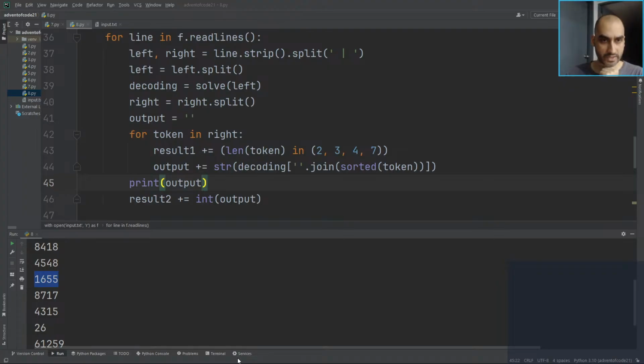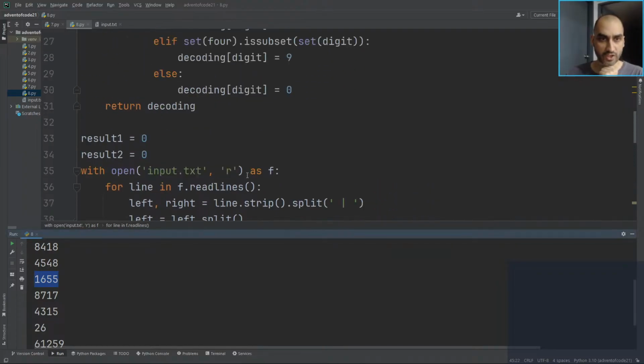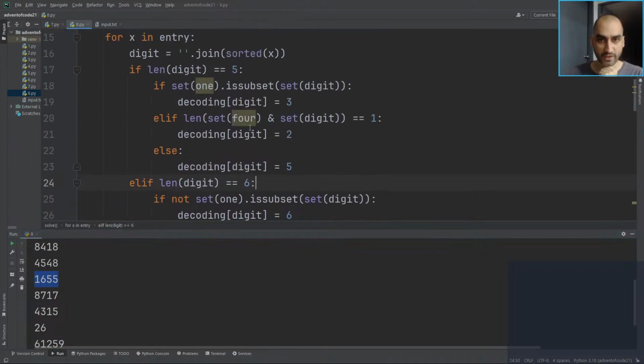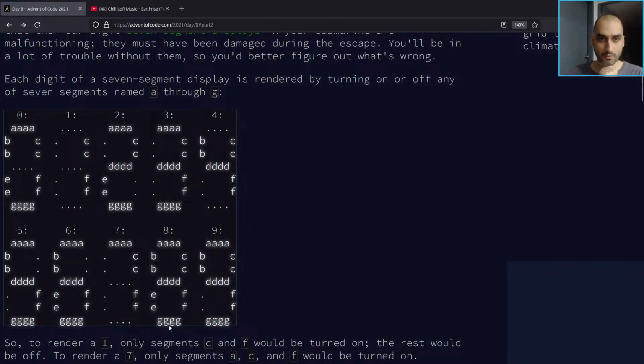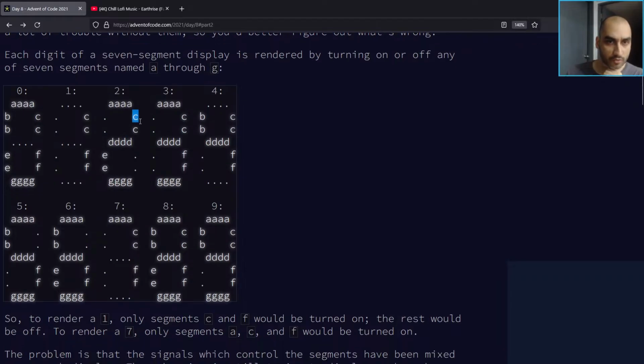Oh, I see the problem. What was my logic? So to distinguish between 2 and 5, I said that it has an intersection of 1 with 4. But if you actually look at the diagram, if you intersect the number 4 with 2, it should be 2.